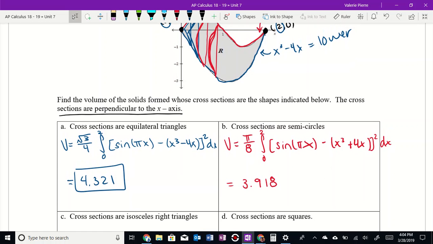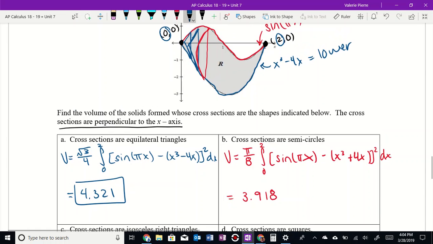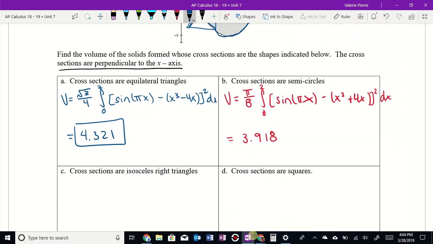So for C, we're looking at cross sections that are isosceles right triangles. I'm actually going to erase one of my semicircles so that I can draw this isosceles right triangle. Okay, so we have a general formula for that.